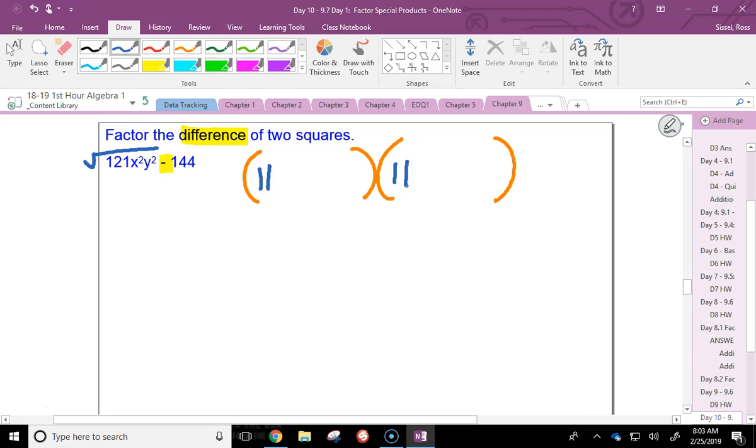Now, x squared, y squared, the square roots of those would be xy. And can we find the square root of 144? Yes. 12. So one of them has to be positive 12, and one of them is negative 12. That is showing me the difference.